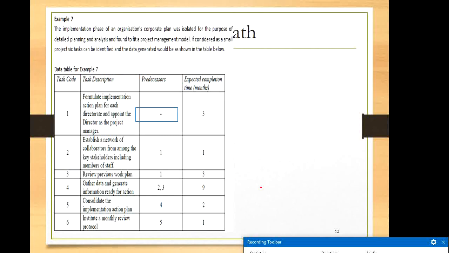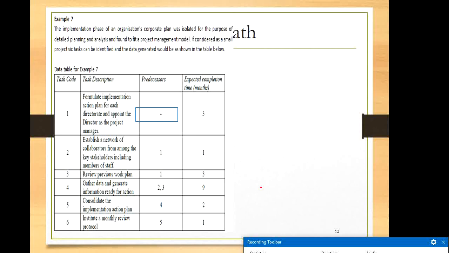Now we take one example. The implementation phase of an organization's corporate plan was isolated for the purpose of detailed planning and analysis and found to fit project management. If considered as a small project, 6 tasks can be identified and the data generated would be as shown in the table below.